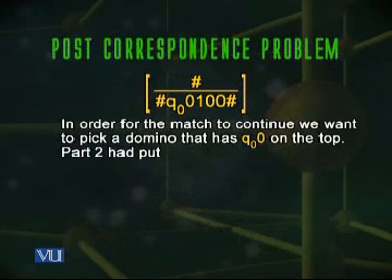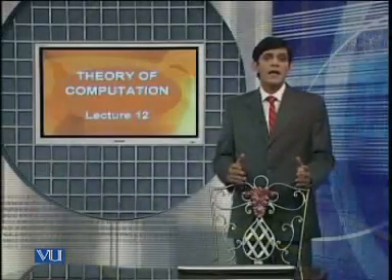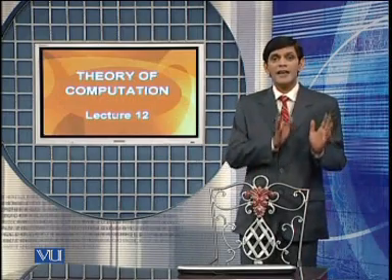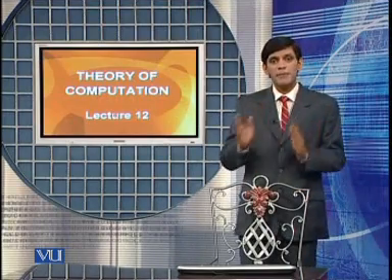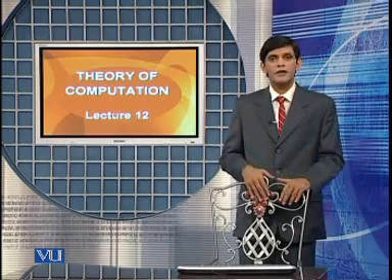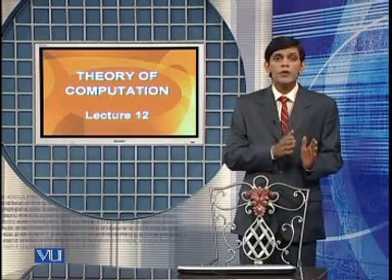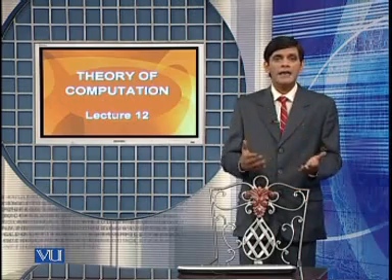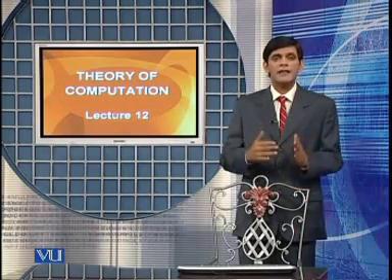In order for the match to continue, we want to pick a domino that has Q0, 0 on top. Now, remember that we placed dominoes which had states in them in part 2. In fact, in part 2, we placed the domino Q0, 0 at the top and 2Q7 at the bottom.